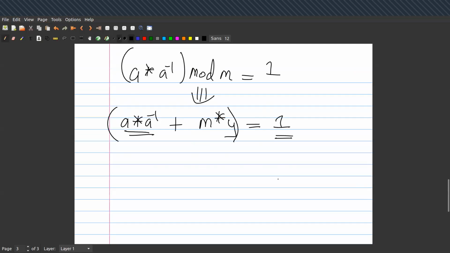So when will it not be defined? We have the RHS as 1. A inverse is a variable, right?